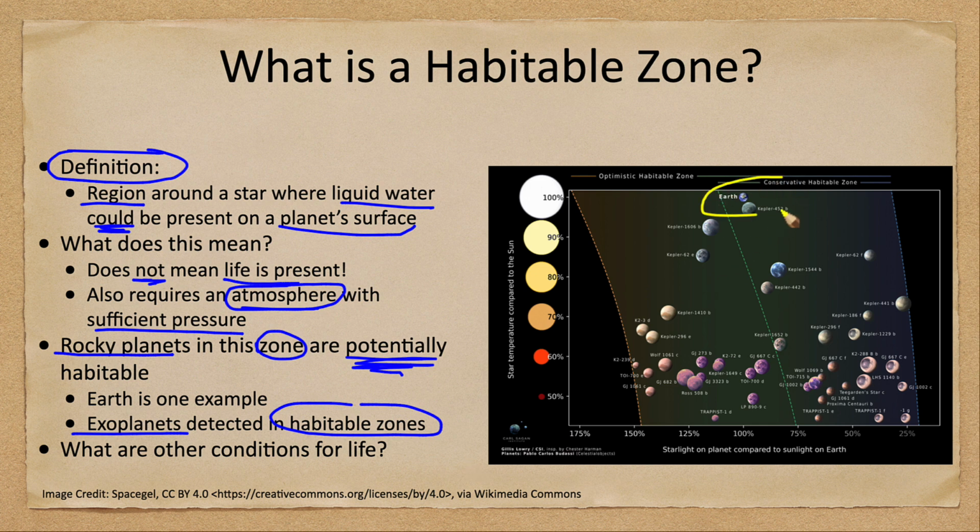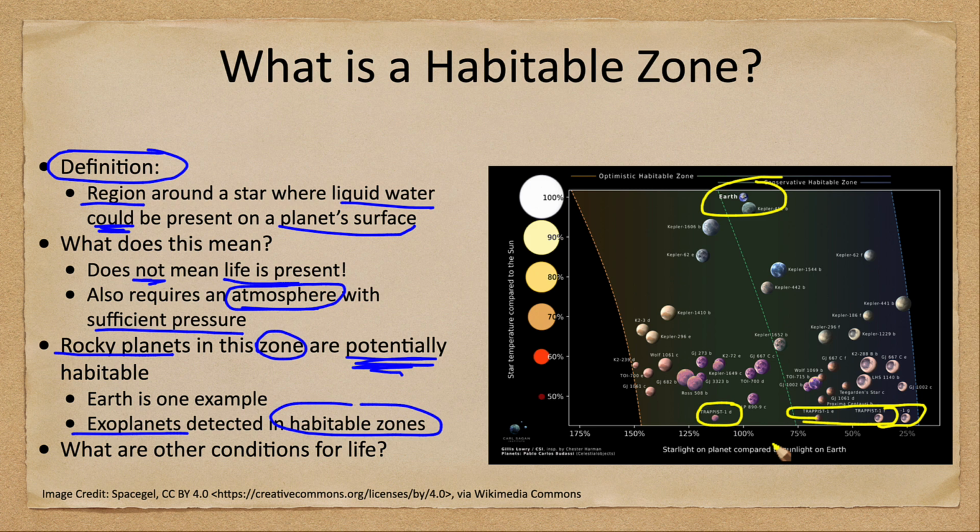So there's Earth up there, and we can see several others, Kepler ones, and various other objects that have been visited. And we can actually see the TRAPPIST-1 planets down toward the bottom, also around their star and in the habitable zone.